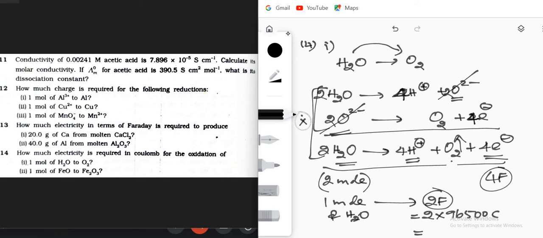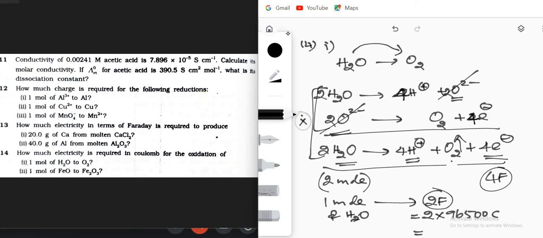If you take 2 molecules of water, ionization will give 4H+ and 2 O2- ions, and each O2- ion releases 2 electrons. So we have 2 O2- ions, which release 4 electrons and become oxygen O2.